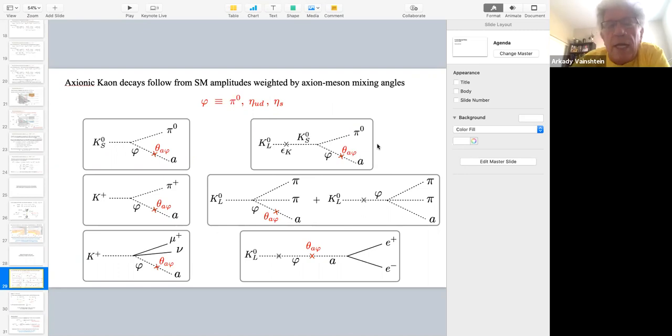No, it's a different reaction. Imagine that instead of that you have the vertex KL goes to KS, emitting an axion. So there is a vertex KL KS axion, an initial vertex. Okay. And then it would lead you to KL goes to axion and 2 pi, right, at the end of the day.